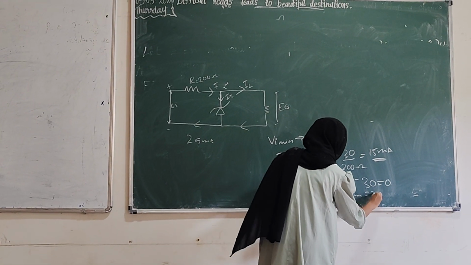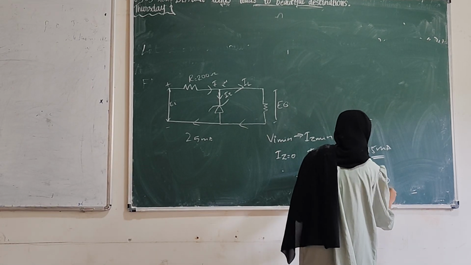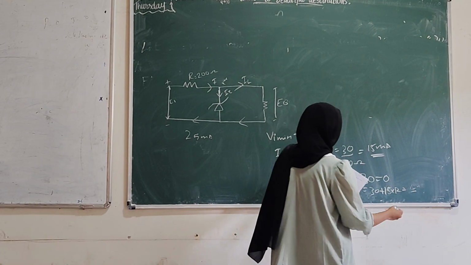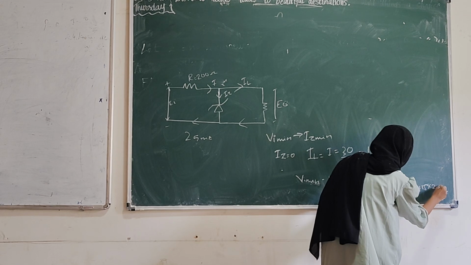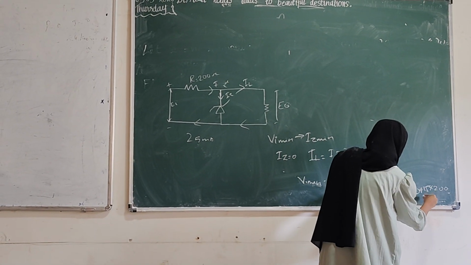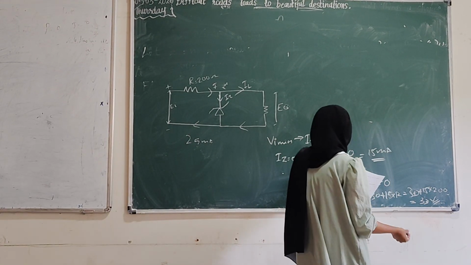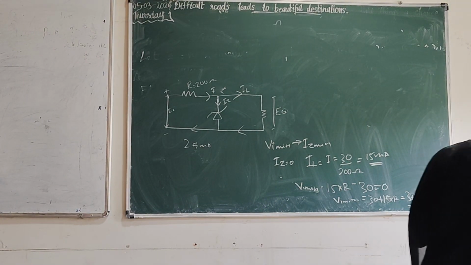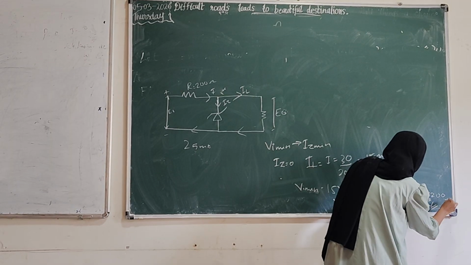That will be 30 plus IR, that is 15 into R. Will be 30 plus 15 into 200, that will be 33 volts.